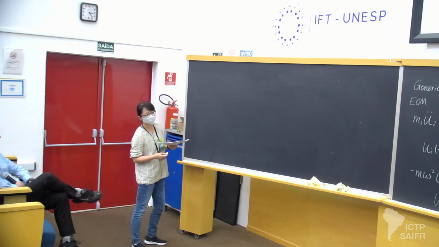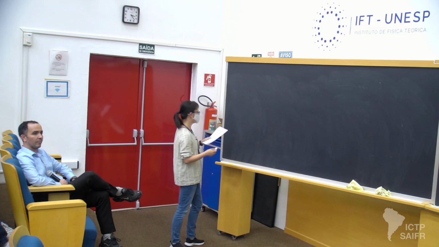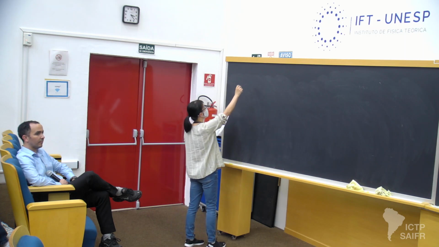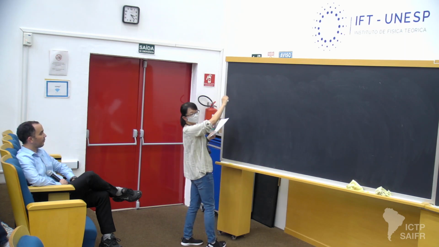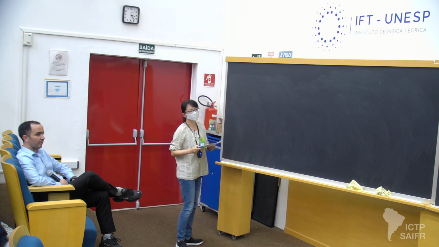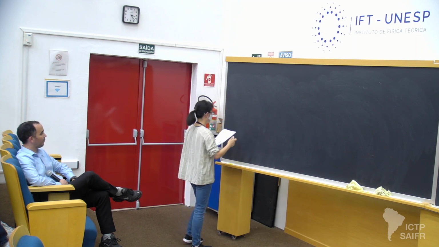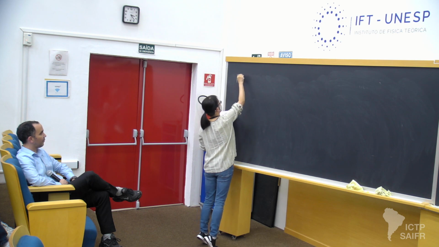I don't want to go into too much detail of the linear response, but we'll just do the main steps here. So if I have such a single frequency force, I can write it in frequency space.